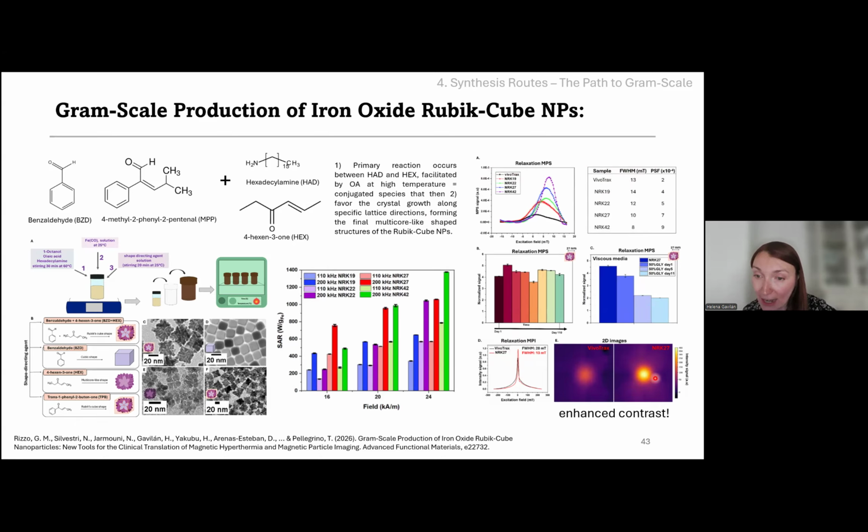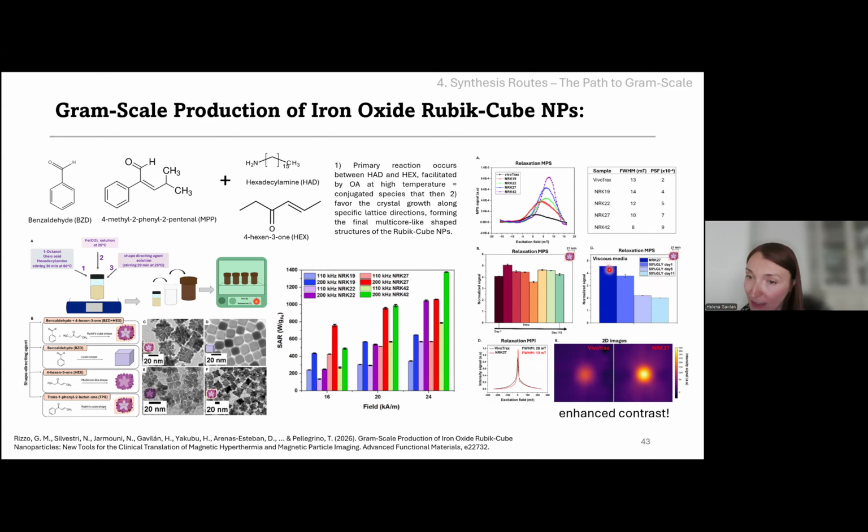Here you can see how the contrast is enhanced. You see how the relaxation of the particles measured by MPS changes over the days. We measured during 110 days, okay? The 27 nm particles, which in the end were found to be the best ones, were really, really stable. We also looked at how the normalized MPS signal changes when dispersing the particles in viscous media, in glycerol.